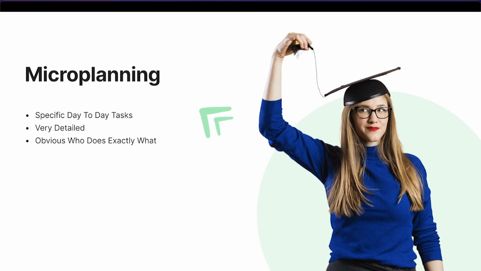But with micro planning, which we are talking about today, we are really interested in the details. So I want to know who is working on a specific task. I want to see the full detail. And also I want to know who is doing exactly what. Again, if you are interested in macro planning, you should go back and check out our webinar that we made on that topic. I think it was a couple of weeks ago.